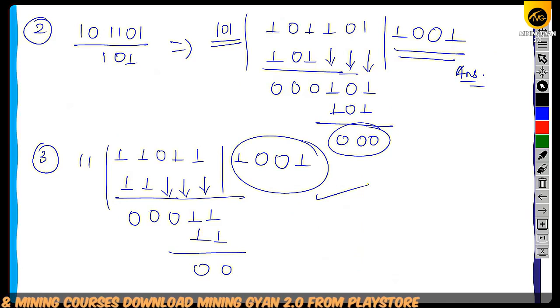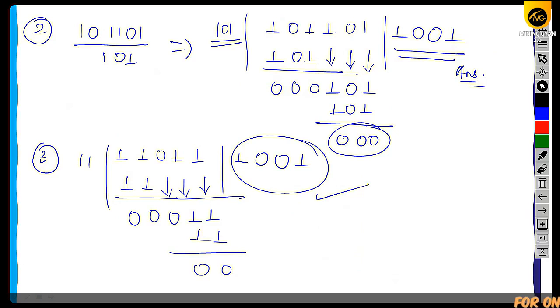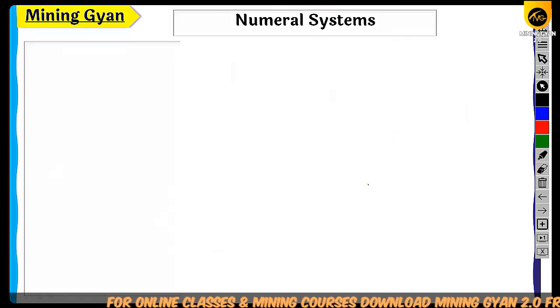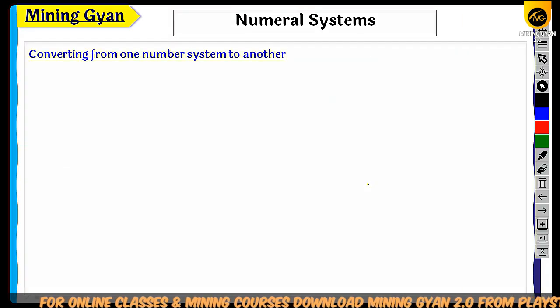I hope you all understand the procedure of binary division. So addition, subtraction, multiplication, and division are the four basic arithmetic operations for binary number systems. Now the next topic is the number system conversion, converting one number system to another.